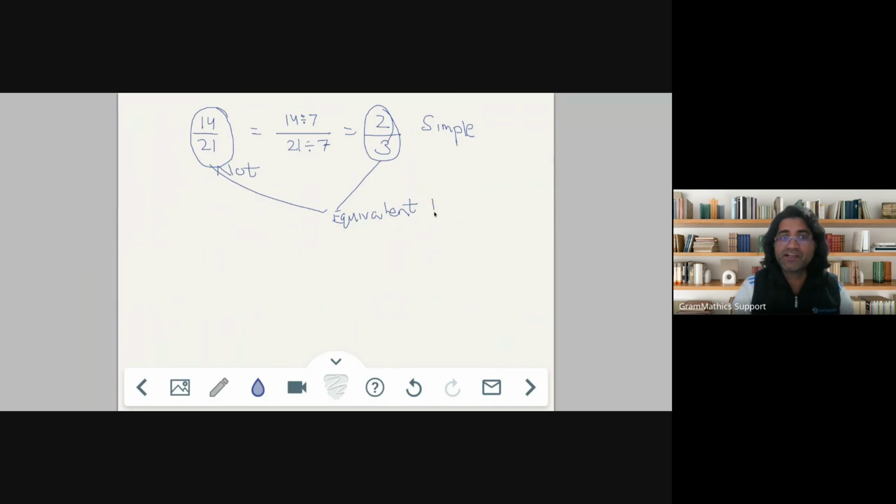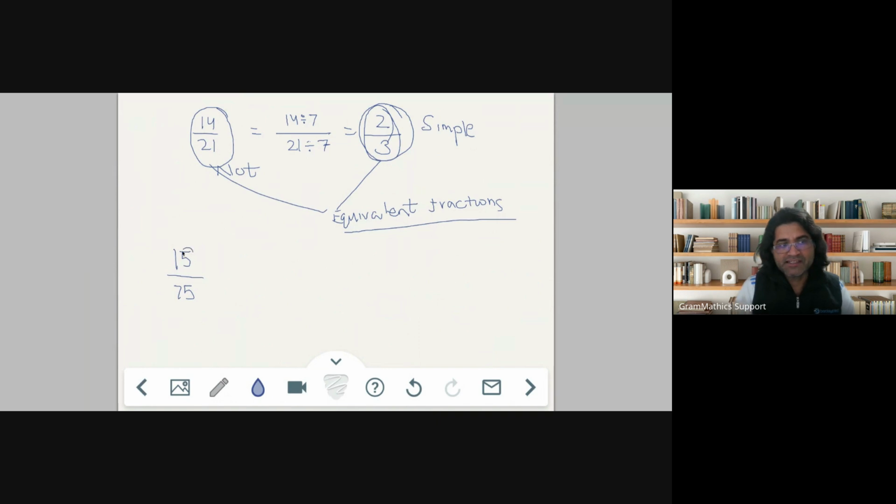While we learn ratios, I'm giving you some very important concepts of fractions. Equivalent fractions look different, but when simplified, they have the same value. Let me give another example, 15 over 75.